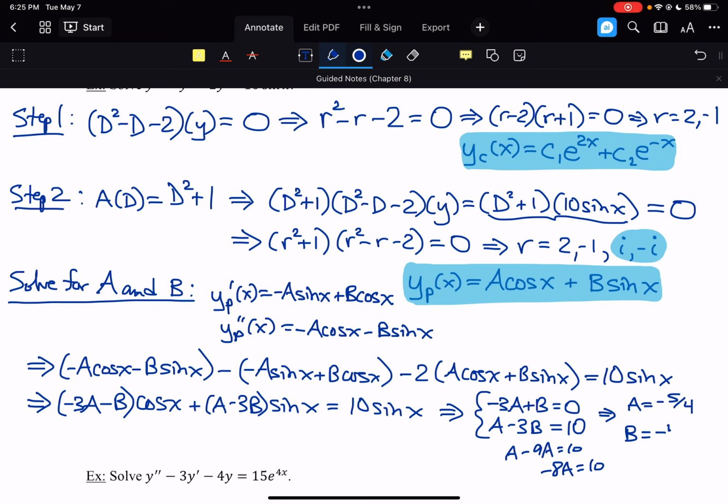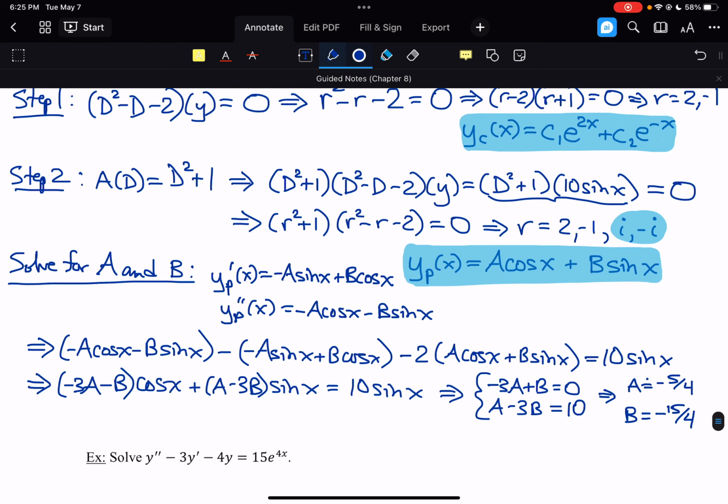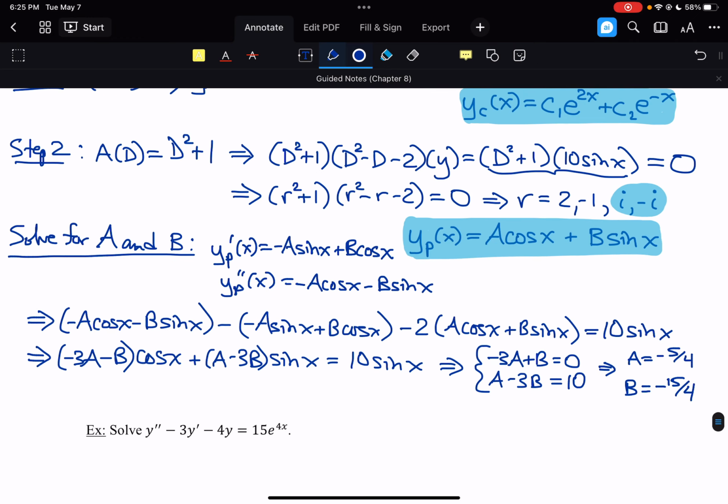So that would be negative 15/4. Okay. And that should work there, and that will give us the 10. Yeah. Okay. So, sorry about that.